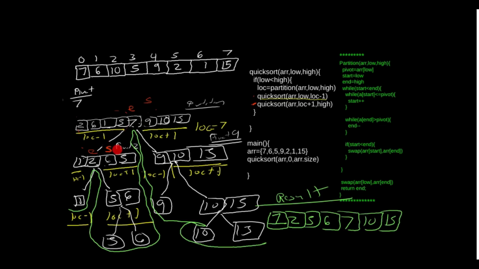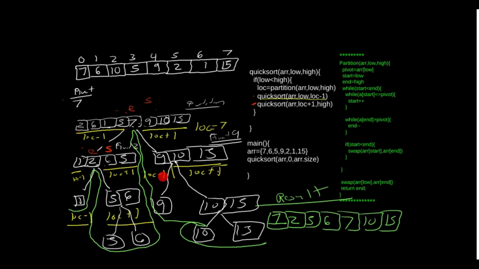So quicksort lock plus 1. If you see lock takeaway 1 here, that means it's linked to quicksort lock takeaway 1, this function here. If you see lock plus 1, it's linked to this function being called here.